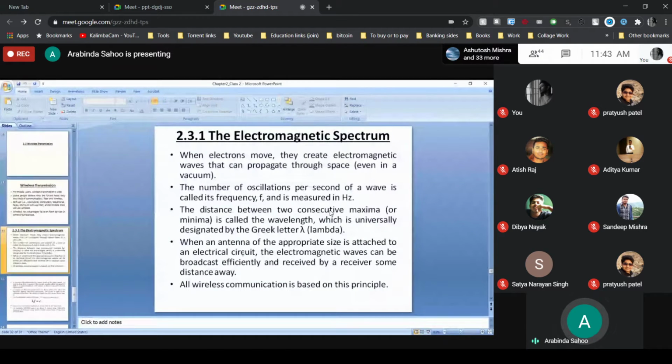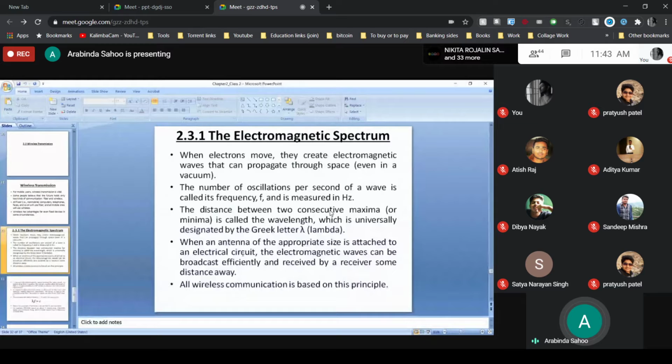When an antenna of the appropriate size is attached to an electrical circuit, the electromagnetic waves can be broadcast efficiently and received by a receiver some distance away. This is important.